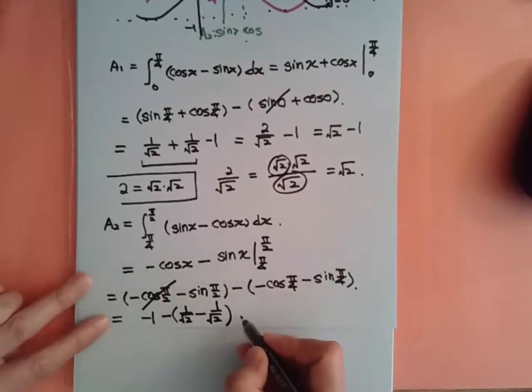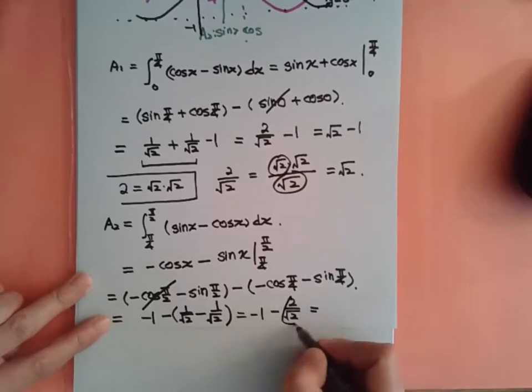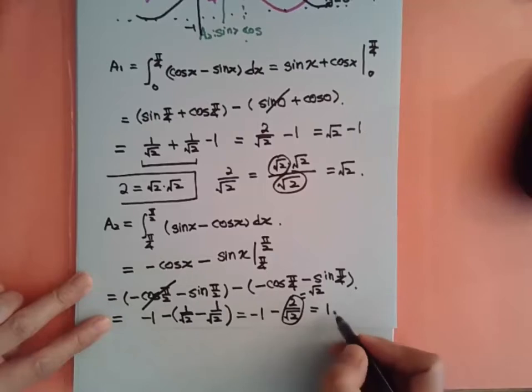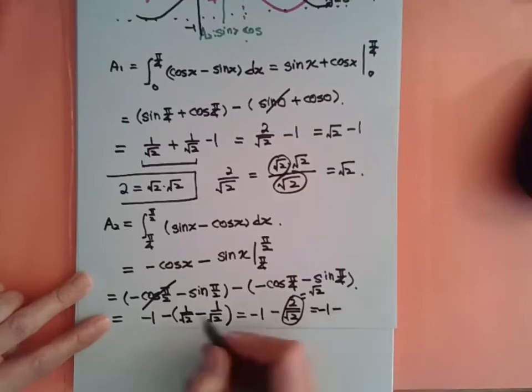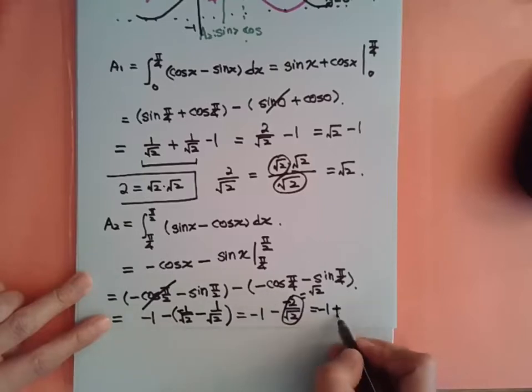So we have minus 1 minus 2 over square root of 2. We know that this is square root of 2. So we have minus 1, and this one is minus, right? So minus will make plus.